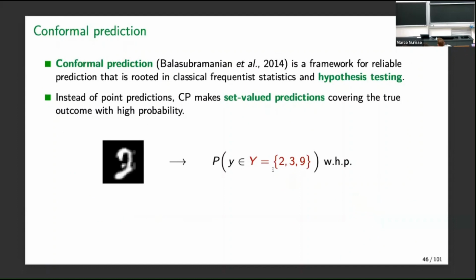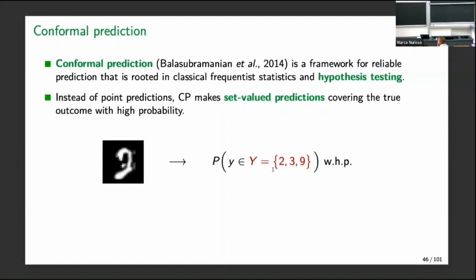So let's start with conformal prediction. What does conformal prediction try to do? It's rooted in the classical hypothesis testing framework of statistics. If you have, for example, this image here, it's not so clear what kind of number it is. So for this image, you would typically predict a set that consists of more than one class. For example, you would predict the set that consists here of the classes 2, 3, and 8. By the way, I will always use the capital Y for the set notation.